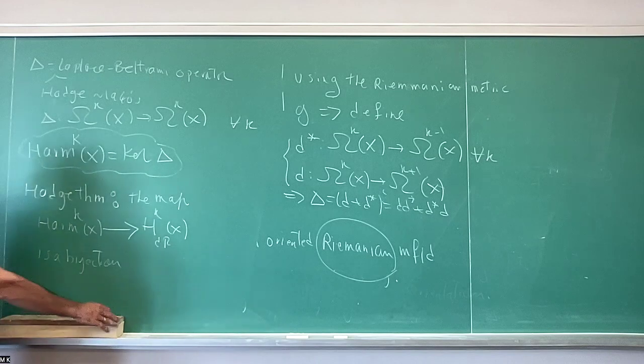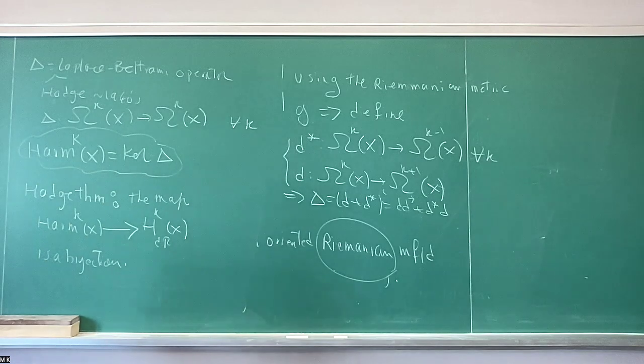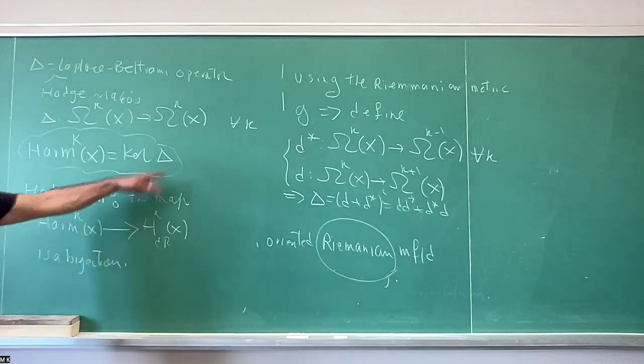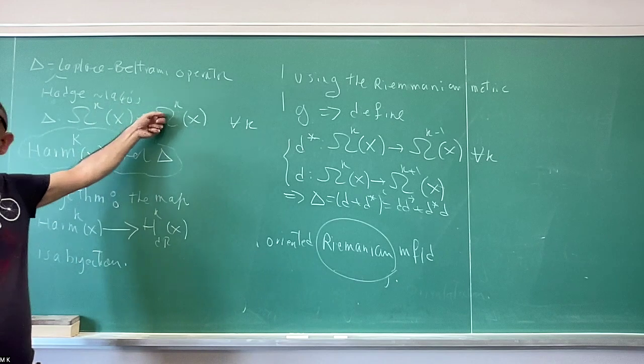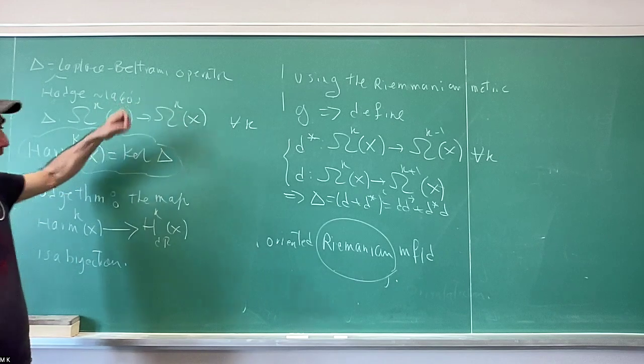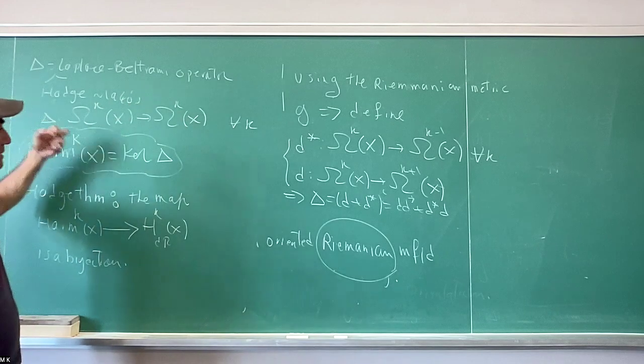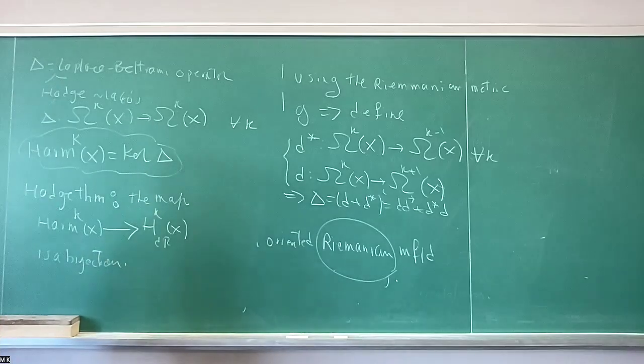Okay, so maybe I should stop and see if you have questions. Does this have anything to do with harmonic functions? Yes, if k is equal to 0, this goes from smooth functions to smooth functions, and then the kernel of the Laplacian is exactly the space of harmonic functions.